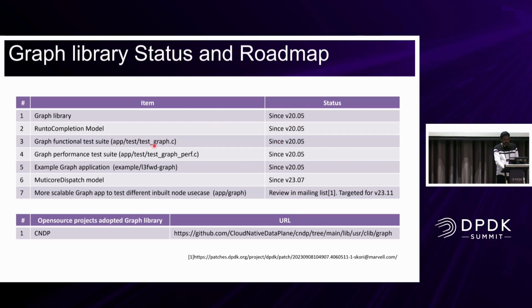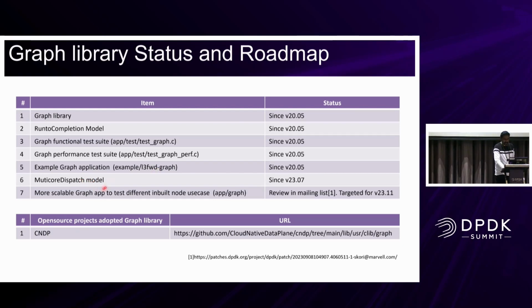We have a test suite that also came along with it. There is a perf test suite to figure out the performance, and there is an example L3 forward graph application. It's the graph version of L3 forward, and we are actually seeing 5% better performance than the actual L3 forward. This is using inbuilt nodes to form the L3 forward.